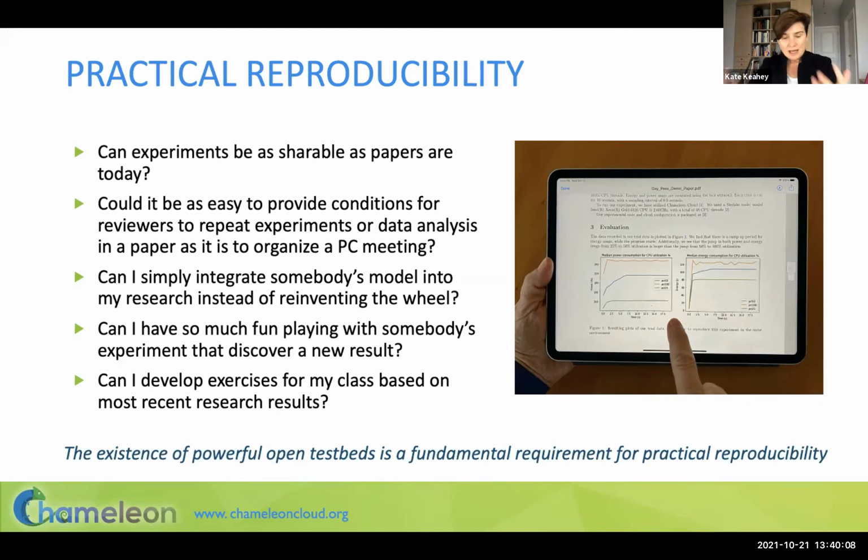When I enter a new research area today, I do a literature search, and I read a bunch of papers, and I try to find out what others have done in that area. But I don't rerun their experiments, largely because very often there aren't experimental artifacts that I can rerun. But even if there were, it's sometimes very difficult to do.